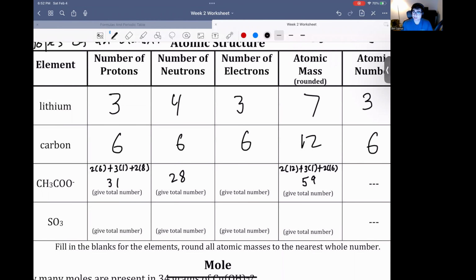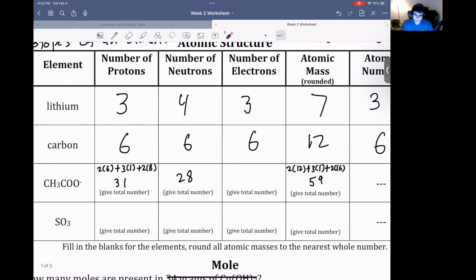And then the number of electrons. First, we need to look at whether or not this is an ion. If it's neutral, it's the same as the number of protons, but in this case, it is an ion. We have a minus sign here. The minus sign means that you have more electrons than protons. This is a -1 charge, which means I have one more electron than protons.